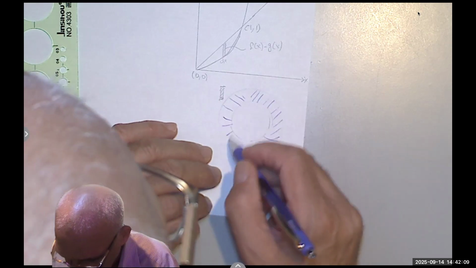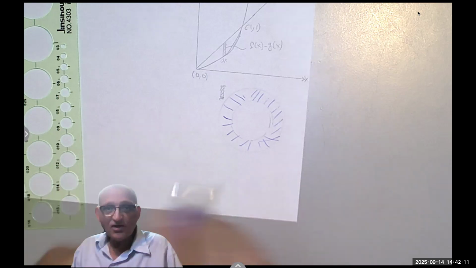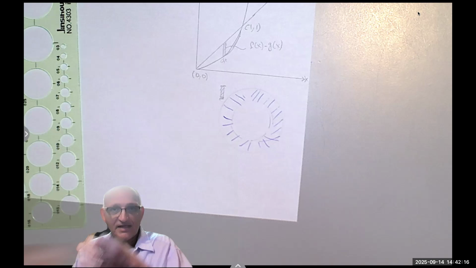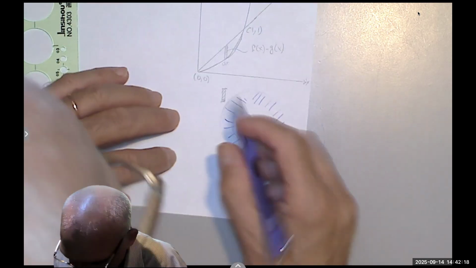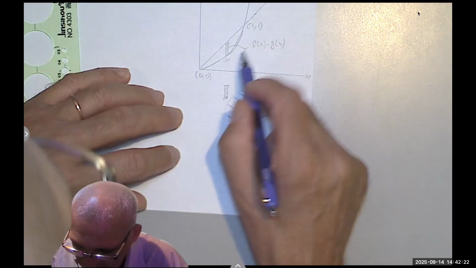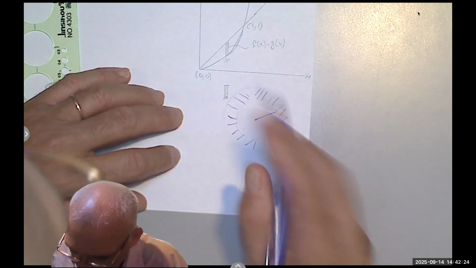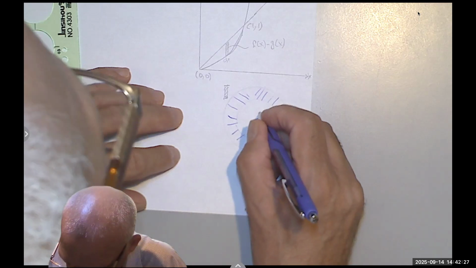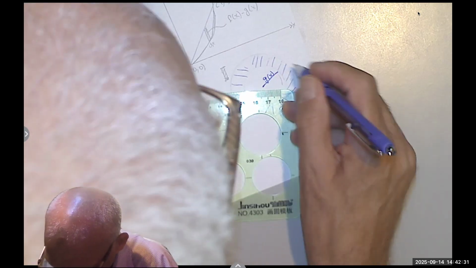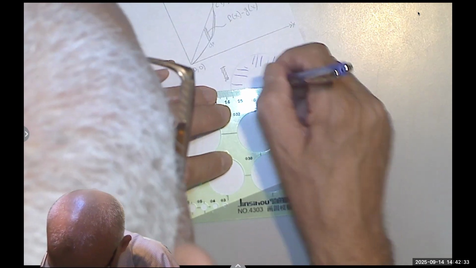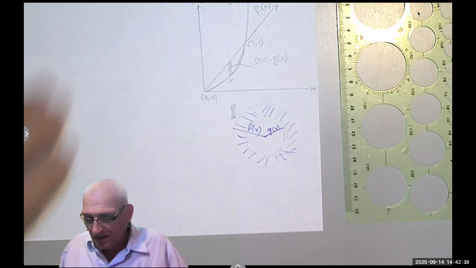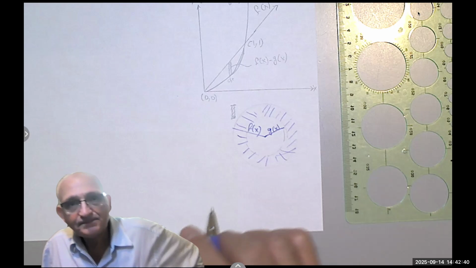So it looks like a washer, right? If you are tightening a nut and you insert a washer, it's going to look something like that, where the inner radius is, in this case, g of x, and the outer radius is f of x. And the thickness is dx.